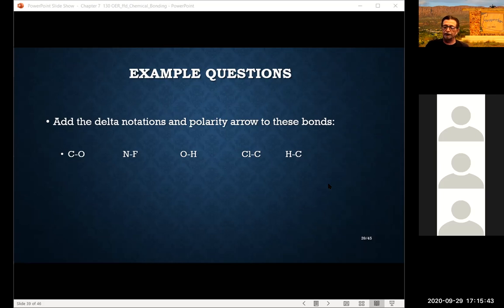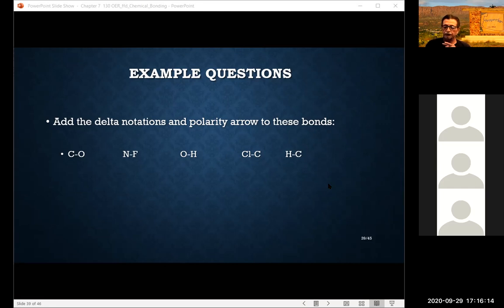We go to the periodic table because we don't have to memorize the electronegativity values. Electronegativities are an actual value. And if you want to sit there and measure and memorize 118 of them, okay, go ahead. Or you can just learn who's more electronegative than the other based on its position relative to fluorine.